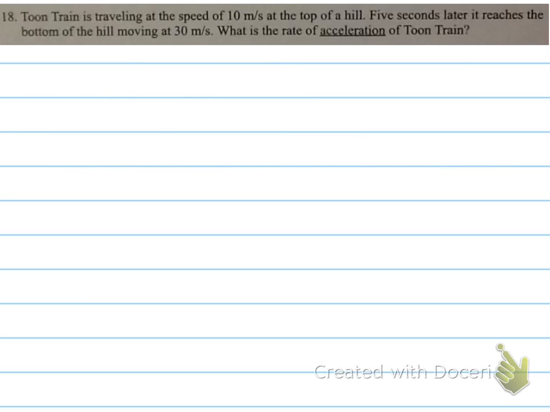Number 18. Toon Train is traveling at the speed of 10 meters per second at the top of a hill. 5 seconds later, it reaches the bottom of the hill and is moving at 30 meters per second. What is the rate of acceleration of Toon Train? So we have a hill.